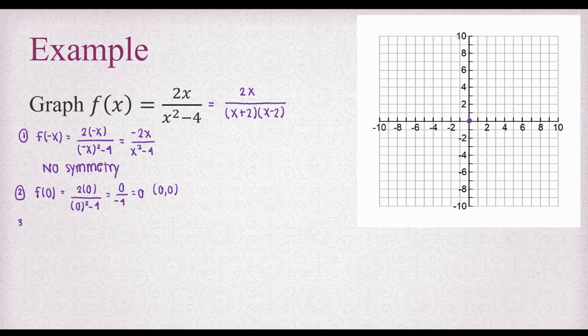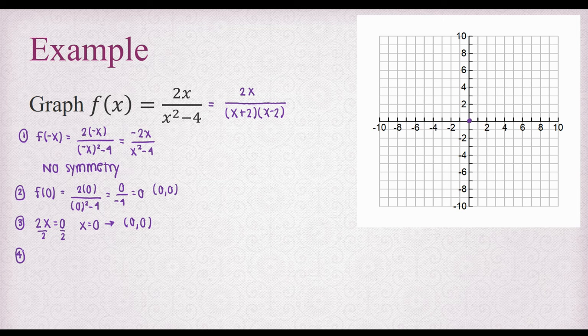I need to find then, for my third step, the x-intercept. So my x-intercept is setting the numerator equal to 0 and solving for x. Notice that when I divide both sides by 2, x equals 0, which makes sense: if my y-intercept is at 0, 0, my x-intercept is at 0, 0 as well.